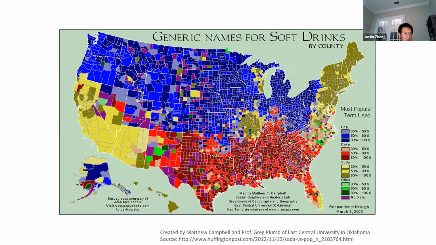Here's another example of data by county, this time showing what term people use as the generic name for soft drinks. This shows a categorical sequential color scheme. It's light to dark for prevalence of each term, but different color hues for the different names.